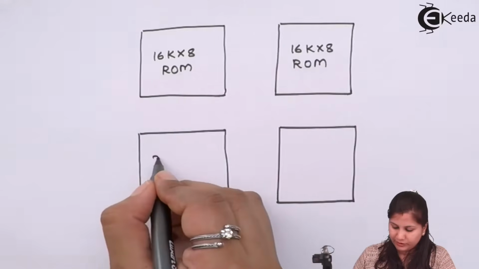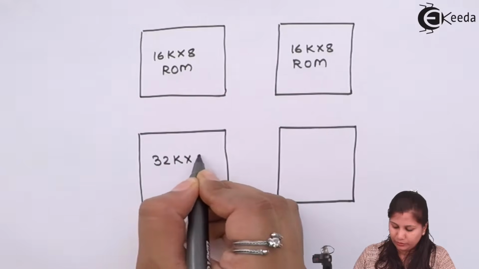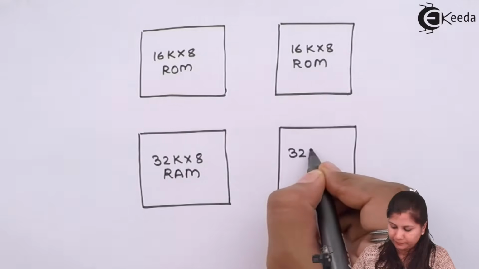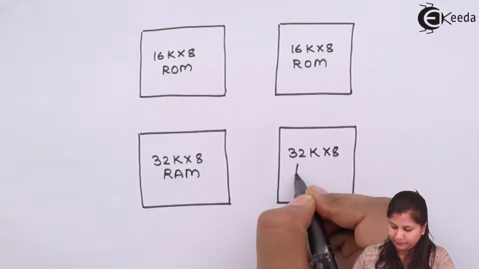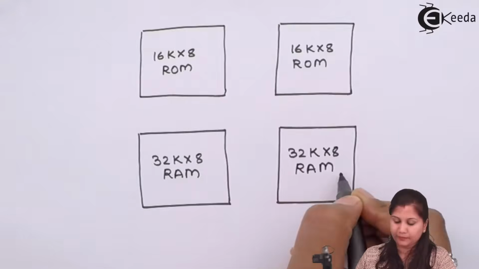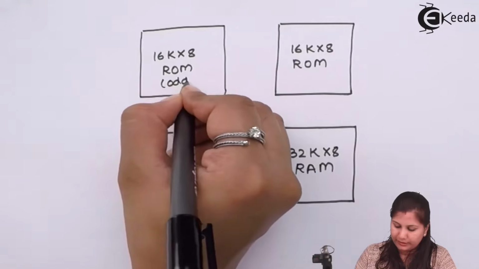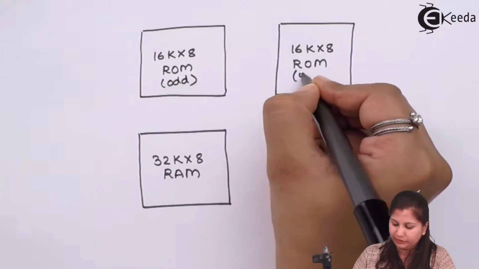And RAMs are of the size 32K into 8. One RAM will be for the odd and one will be for the even.